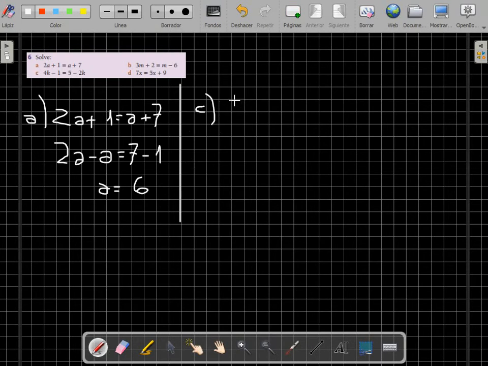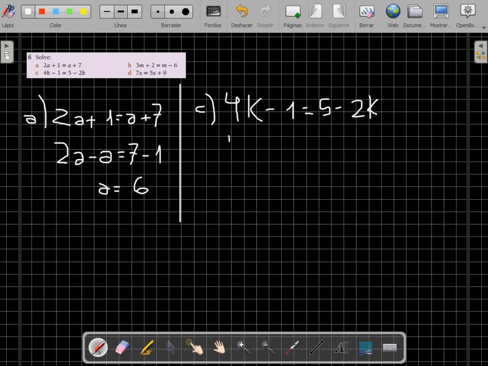In C we have 4k minus 1 equals 5 minus 2k. Once again, don't forget that we must first leave all the pronumerals on only one side of the equation.